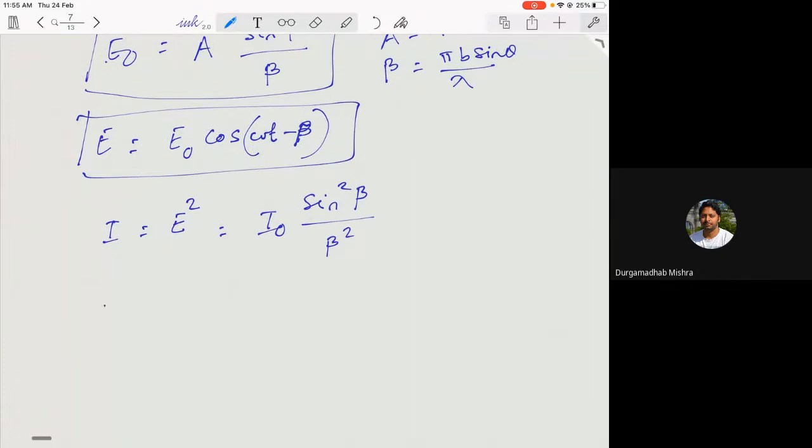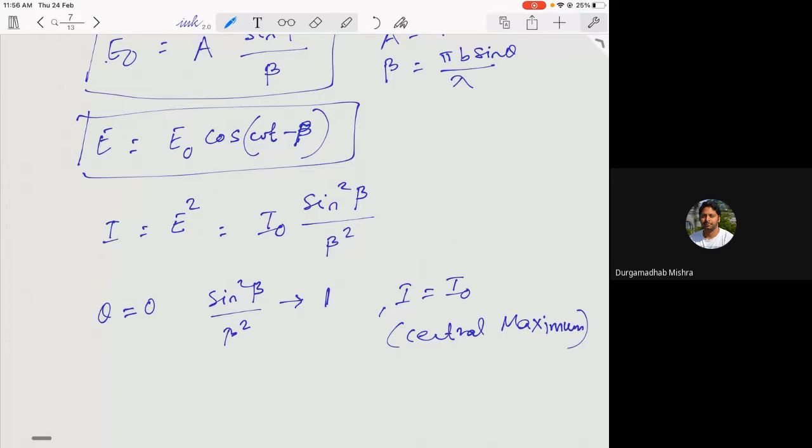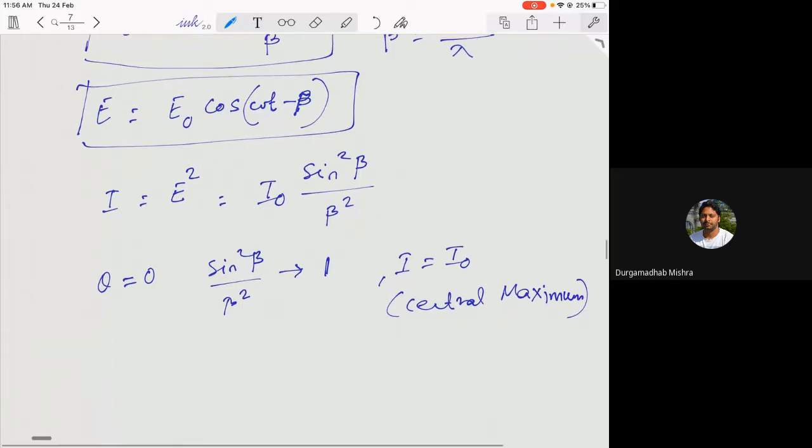When theta is equal to 0, for the principal axis, this sine squared beta by beta squared goes to 1, and then your intensity is equal to I max, which is known as the central maximum of the diffraction.